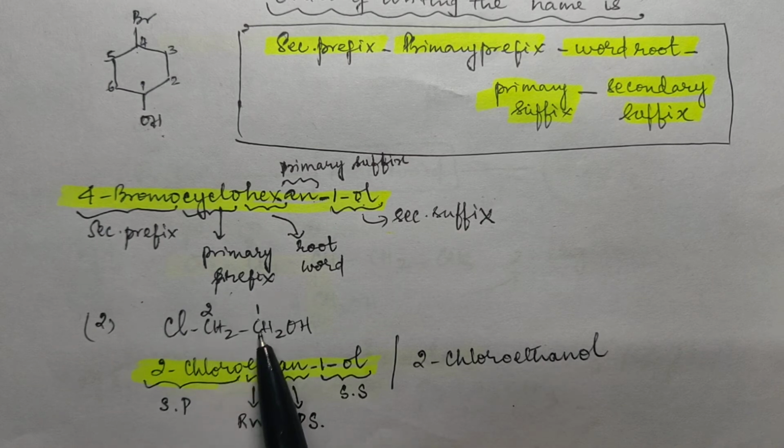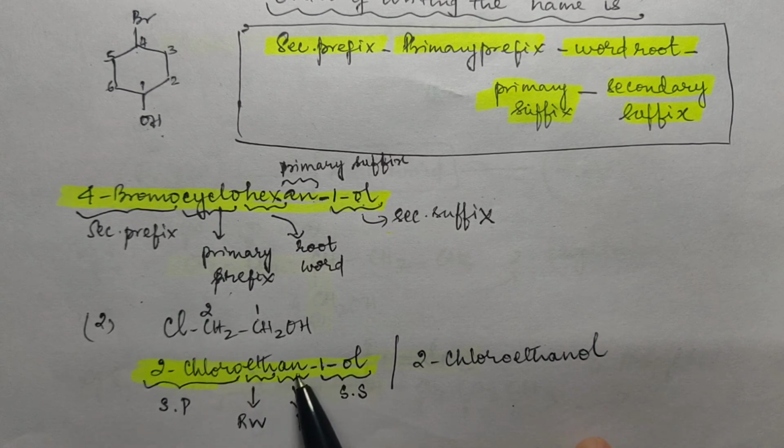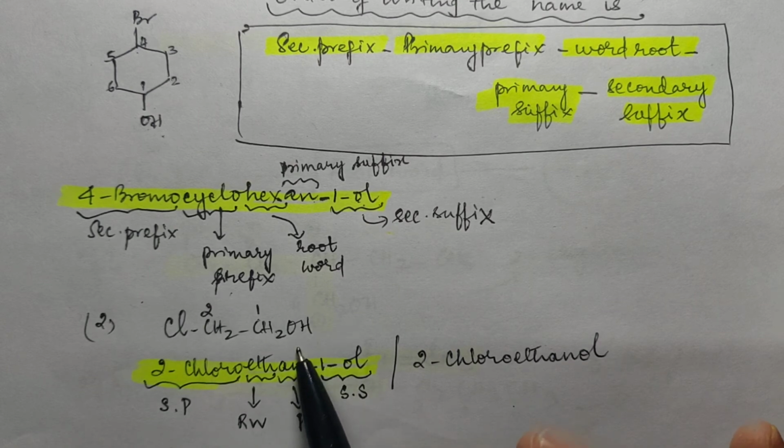Long chain में 2 carbon है तो eth, ethane, eth. Okay. Then there is no double bond in the carbon chain. So your primary suffix, which is telling you whether it is saturated or unsaturated, that is AN. Again here also it is OH, that is OL is the secondary suffix.